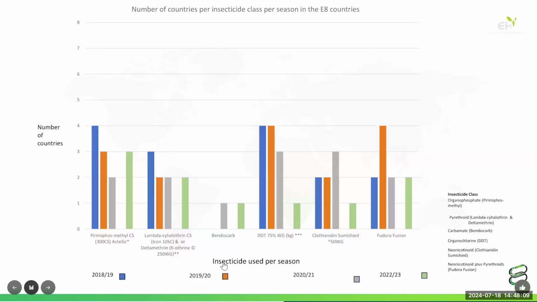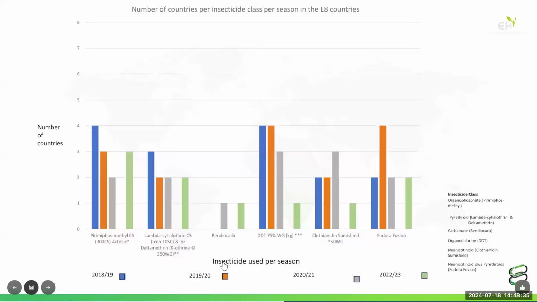The new 2 molecules, as Prof mentioned, were being introduced in the market. And you could see that steadily we've had about 2 countries consistently using these over the years. That really speaks to the issue of cost, because the new molecules that came into the market were costly.